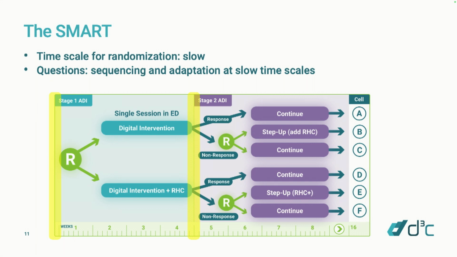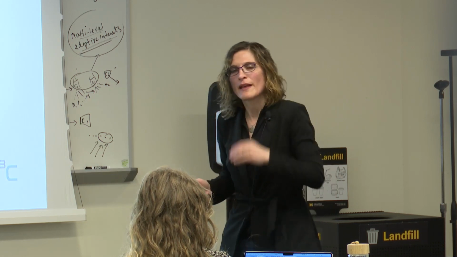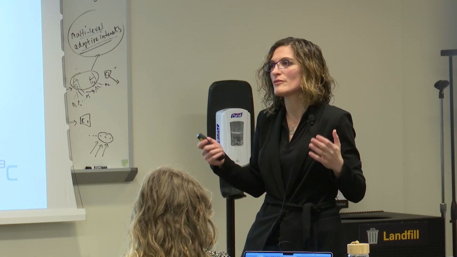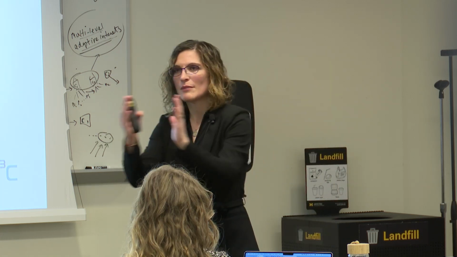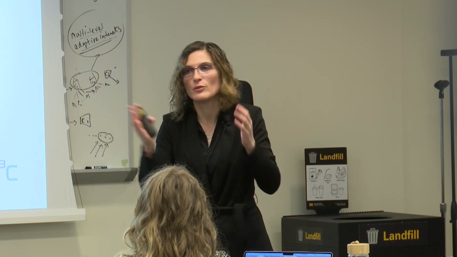The time scale of the randomization here is slow. What does it mean, slow time scale for the randomizations? I'm randomizing initially and 4 weeks later. Slow time scale means that I'm randomizing only a few times in the course of the trial, and the length of the time interval between stages of randomizations is relatively long, a few weeks or a few months.